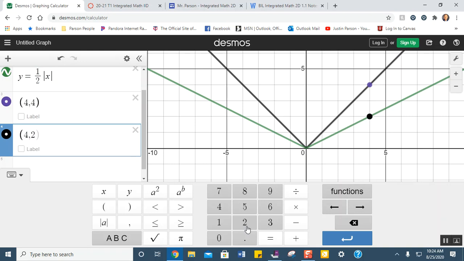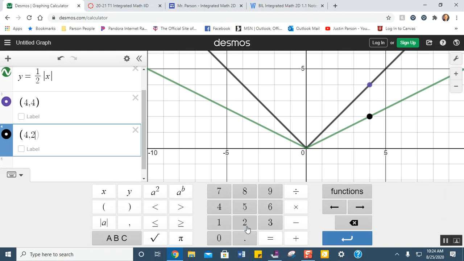Now, again, keep in mind, the black graph is our parent function. The green one is our transformed function. And so right here, kids, we call this graph a vertical shrink, meaning we're pushing all these points from the black graph closer to the x-axis. We're shrinking it down closer to the x-axis.